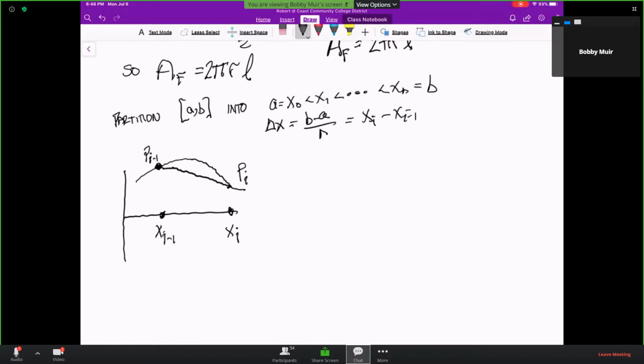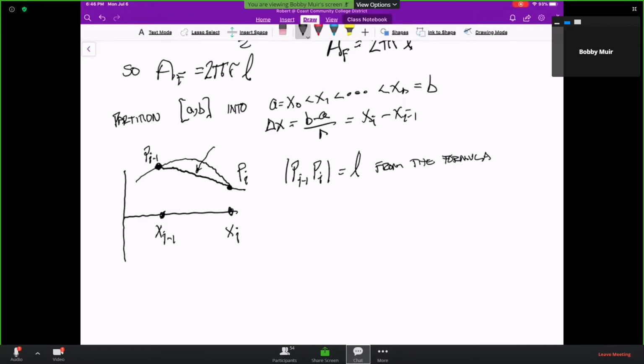So this thing right here, which is the distance from Pi minus 1 up to Pi, that is the L from the formula. And the R1 and the R2 are just the f of xi and the f of xi minus 1.